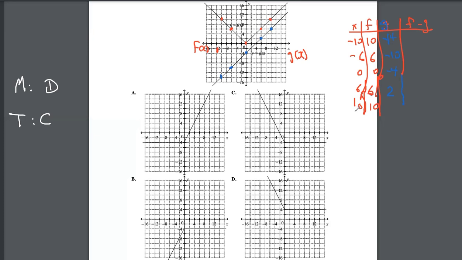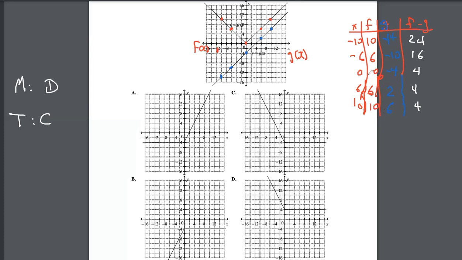And for 10, it was 6. Now, f minus g: 10 minus -14 is 24. 6 minus -10 is 16. 0 minus -4 is just 4. 6 minus 2 is 4. 10 minus 6 is 4.